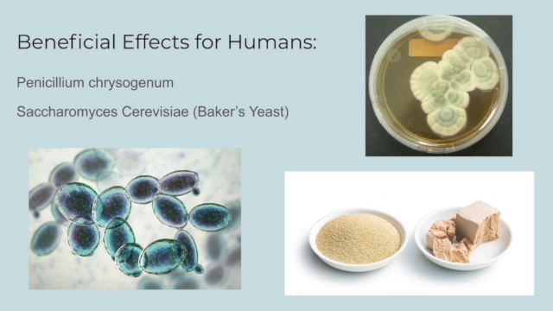It can be used to produce beer, wine, bread, cheese, but a lot of us know baker's yeast because the production of CO2 that happens when you use it actually will help bread rise. So it gives it that nice, beautiful effect when we see bread rise.